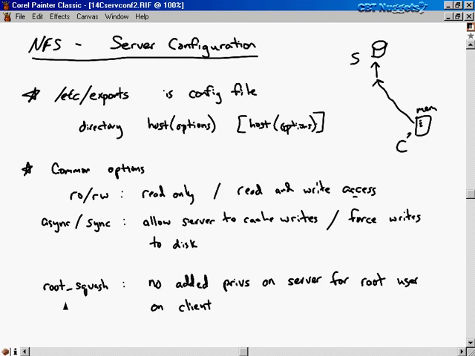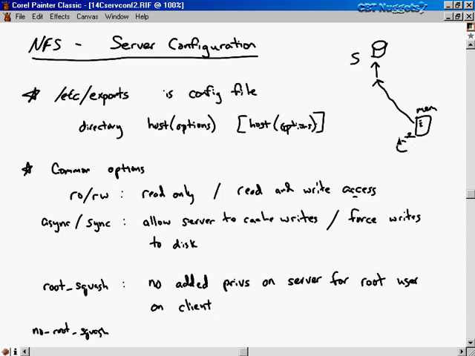Another option you might see in here is something called root squash. Root squash is actually the default option. If you wanted to disable it, you would write no_root_squash. The default action says that no added privileges are given on the server machine for a root user on the client machine.